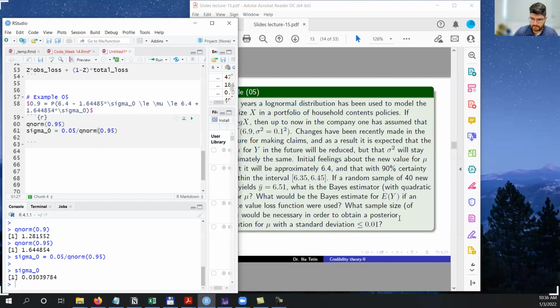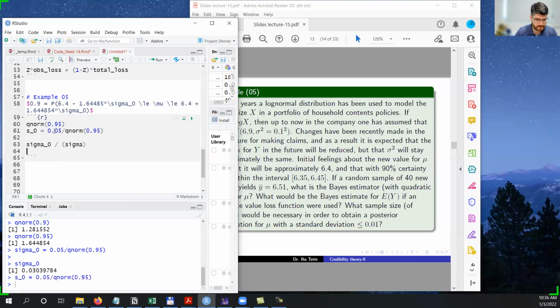First of all, I'll place the whole formula, with S0 as sigma 0: S0 squared divided by S0 squared plus S squared over n. S is 0.1.